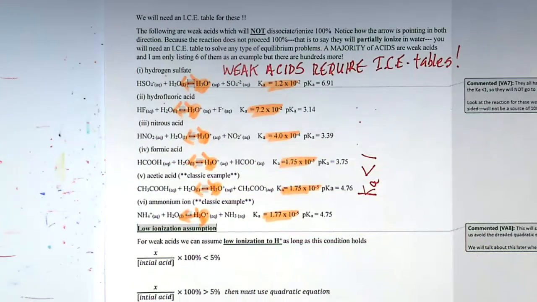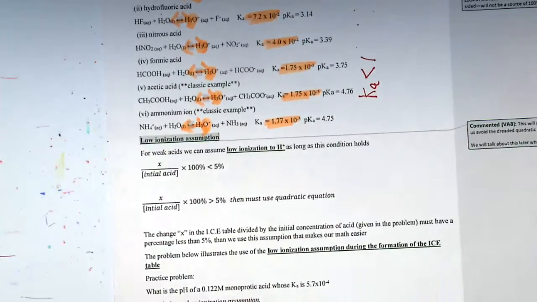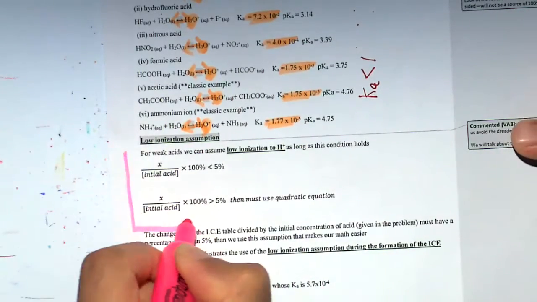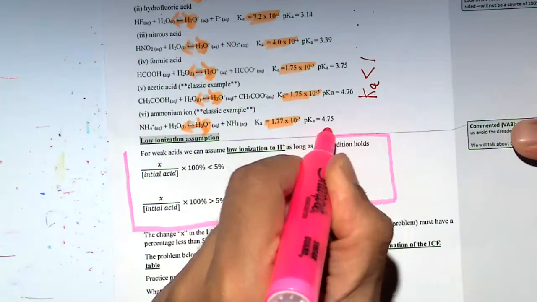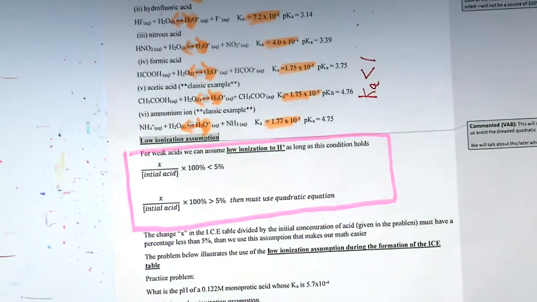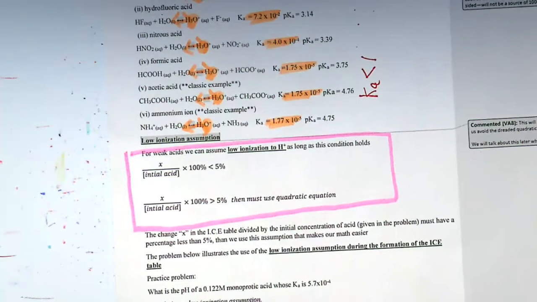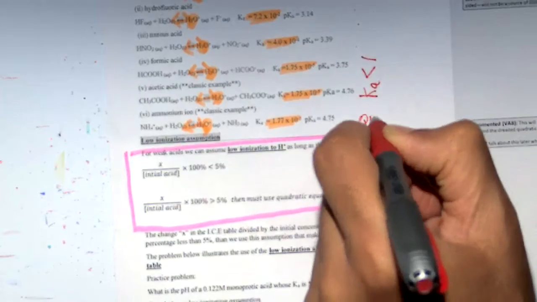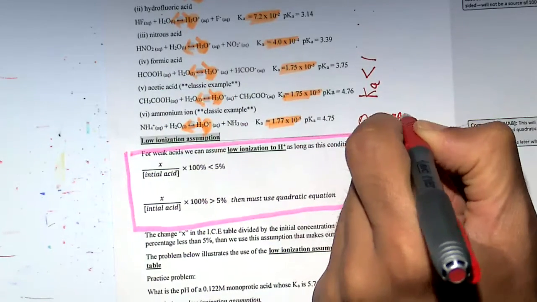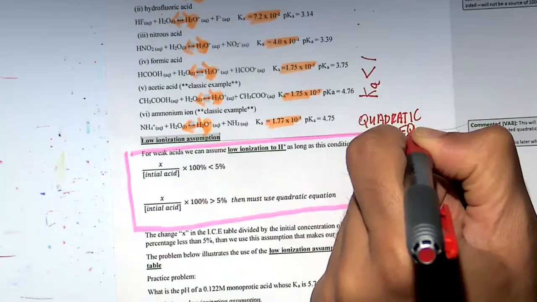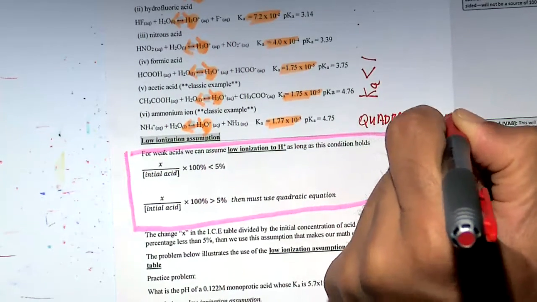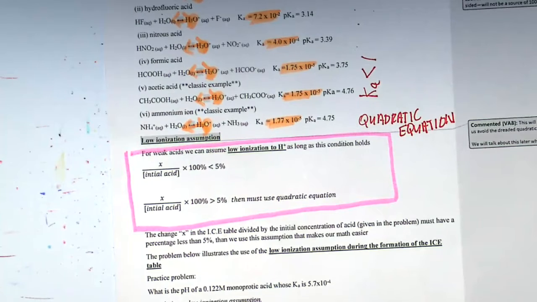All right, so weak acids require ice tables. Let's go back to the low ionization assumption. There was a question on our quiz. I graded the quizzes in our last quiz where you had to use the quadratic equation. While I said there'll be no quadratic equation on the test, I didn't say we wouldn't have to do it on the quiz.